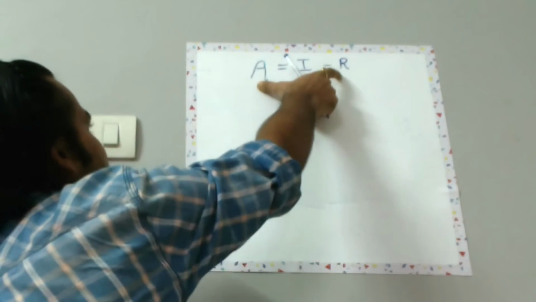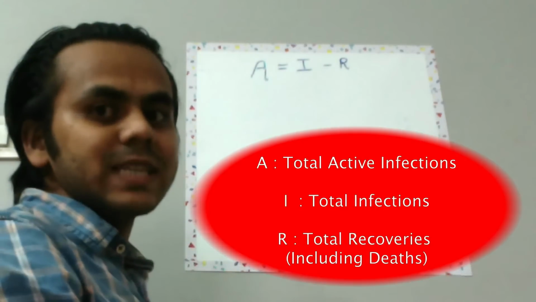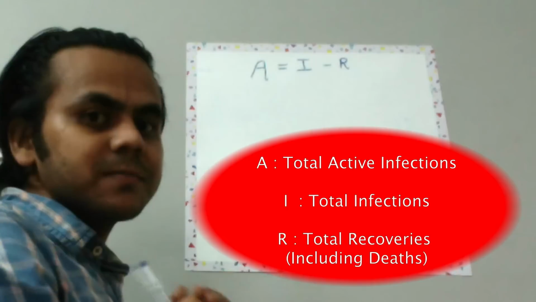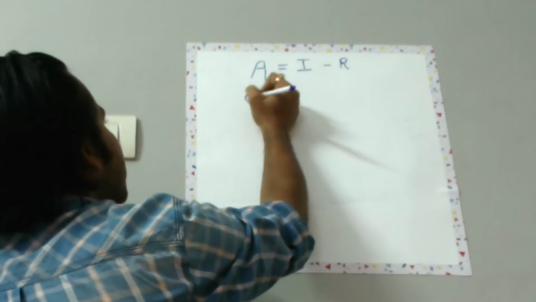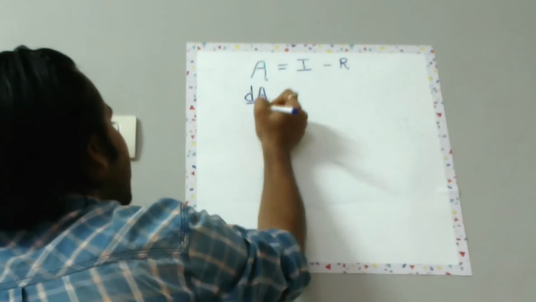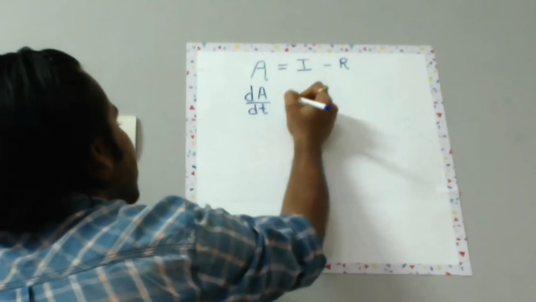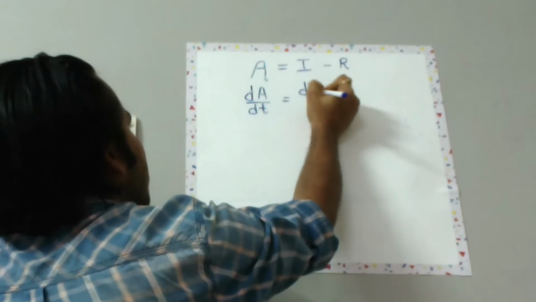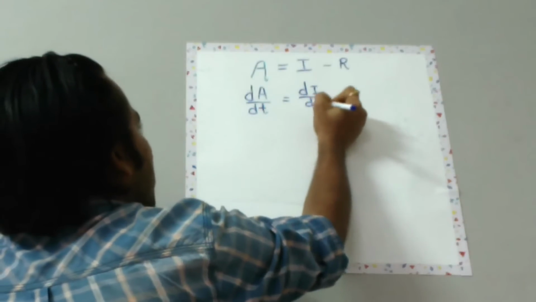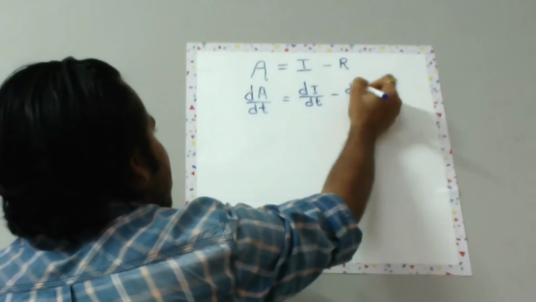So if we want to know how active cases is changing, we can say dA/dt is equal to dI/dt minus dR/dt.